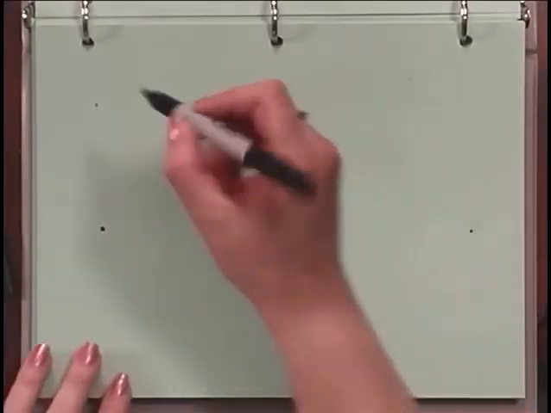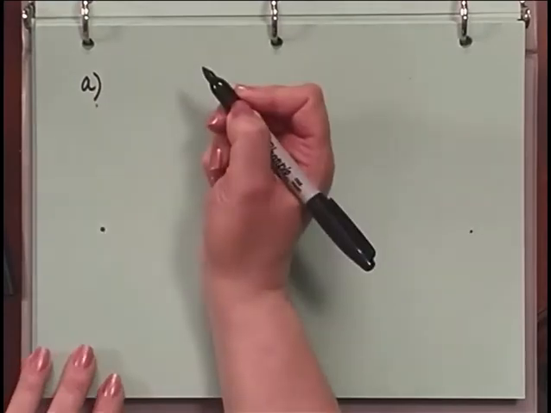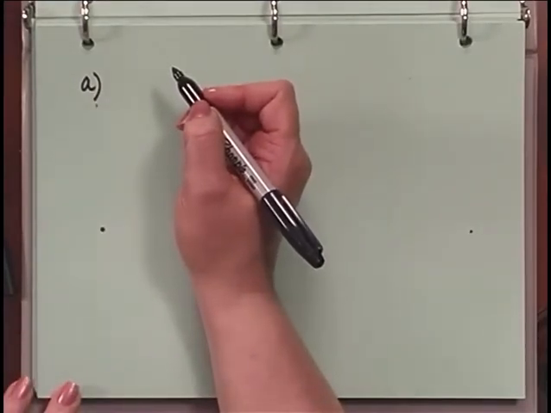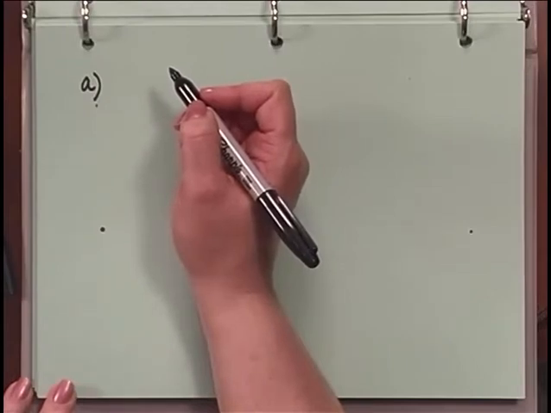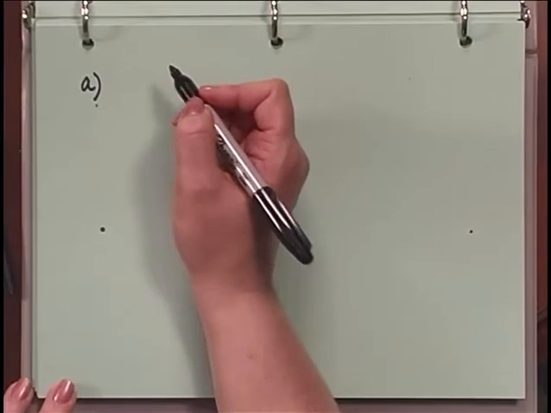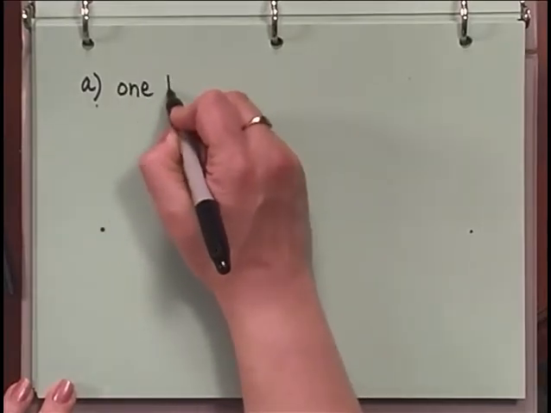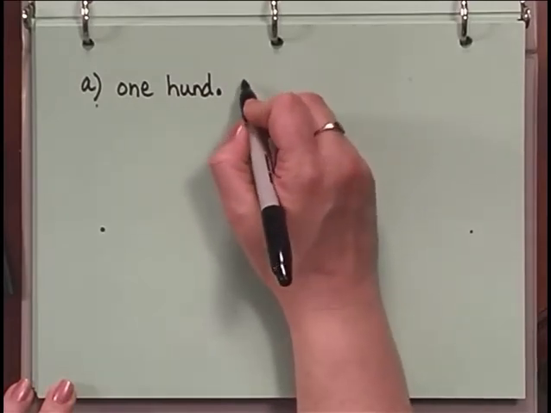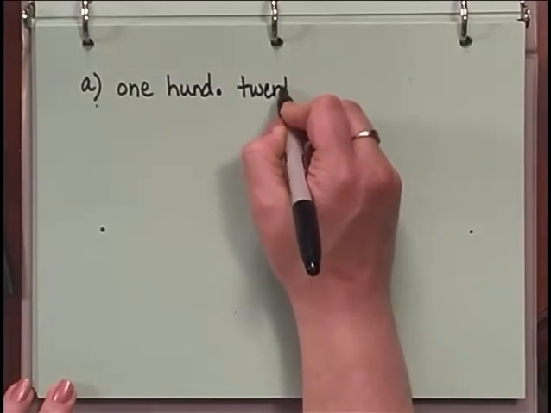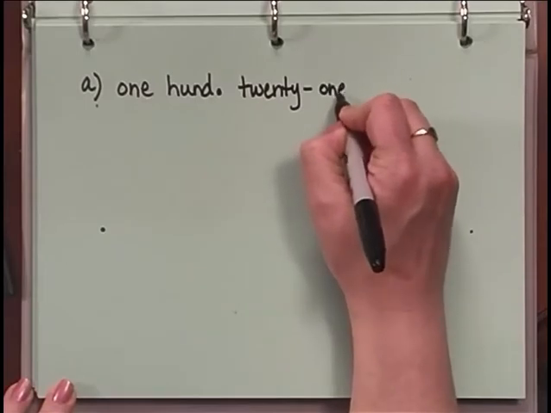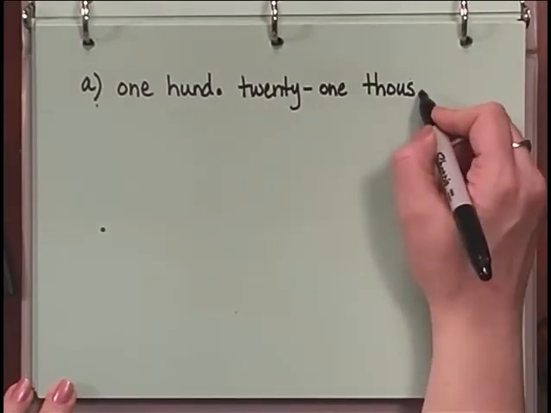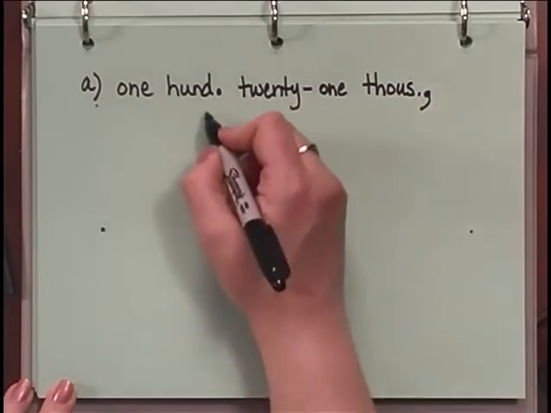Okay, problem A. It says use digits to write each number. It says 121,000, 340. So for 100, and I'm going to abbreviate 100 by using HUND, 21,000, and I'm going to abbreviate 1,000 with THOUS, 121,340.